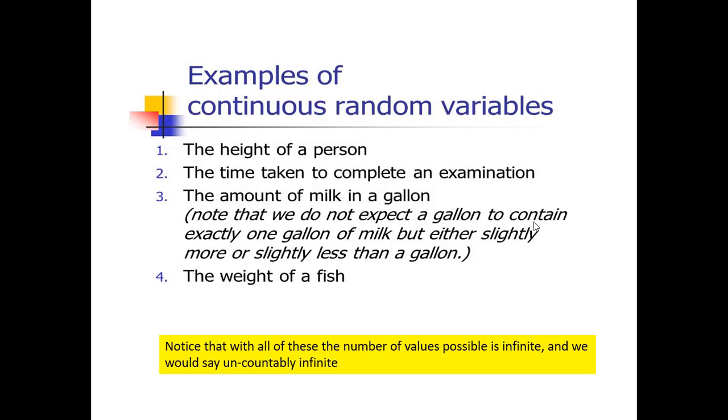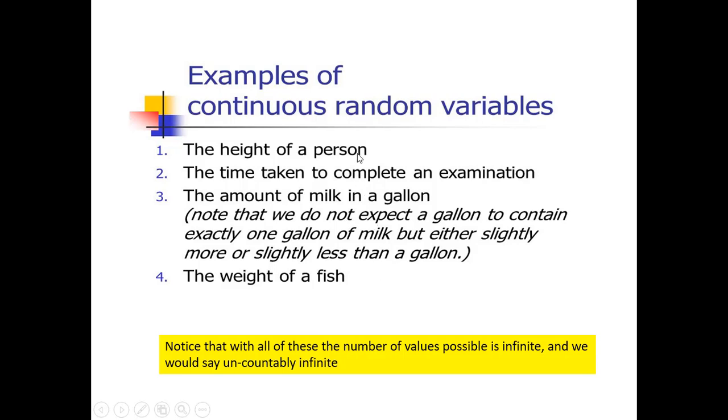Some examples of continuous random variables would be the height of a person, the time taken to complete an examination, the amount of milk in a gallon. Now we do not expect a gallon to contain exactly 1 gallon of milk, but it's going to be either slightly more or less that we could measure, and the weight of a fish.